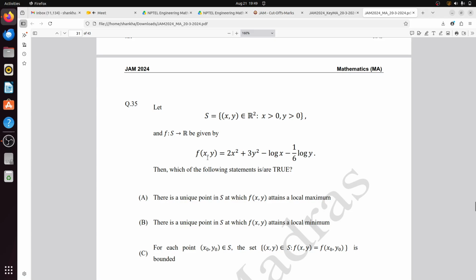This is also an important problem, so note down this problem. We shall discuss this problem in the next day's class. There is no electricity right now, so I need to stop today.